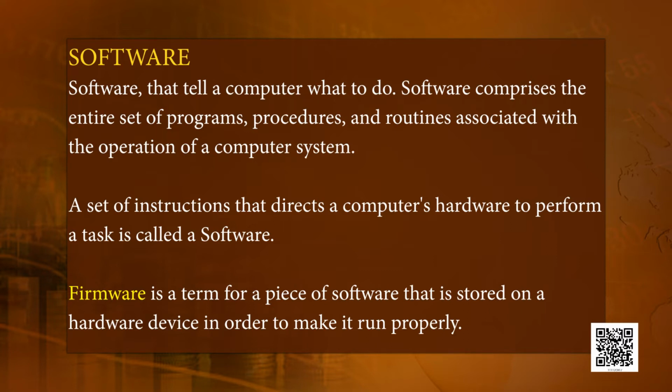There is another term called firmware. Firmware is basically a term for a piece of software that is stored on a hardware device in order to make it run properly. Then, firmware is a kind of default installed software in the hardware devices to start the computer system efficiently. Okay, so there are majorly 6 types of softwares.